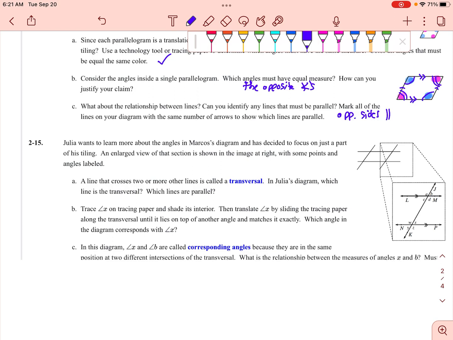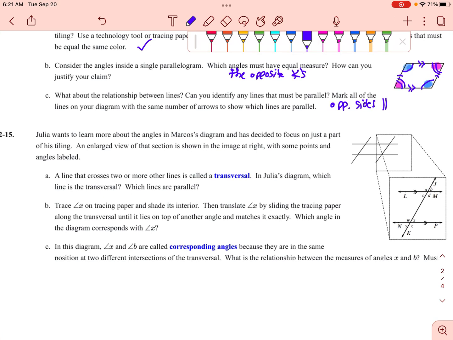So Julia wants to learn more about the angles in Marco's drawing, and just focused in on one part of his tiling. An enlarged view of that section is shown at the right, with some points and angles labeled. A line that crosses two or more lines is called a transversal.